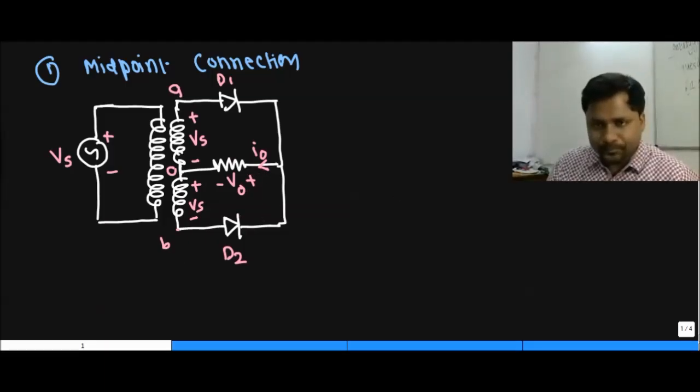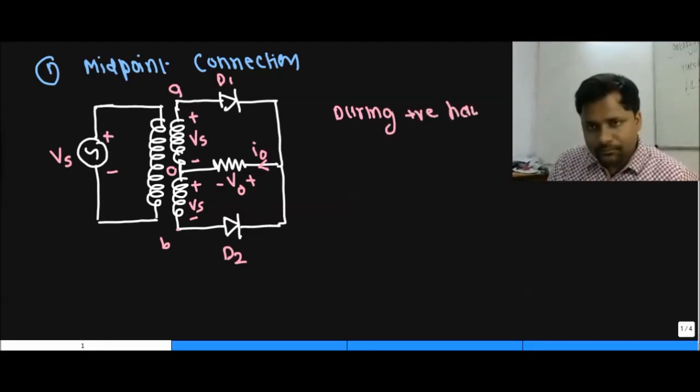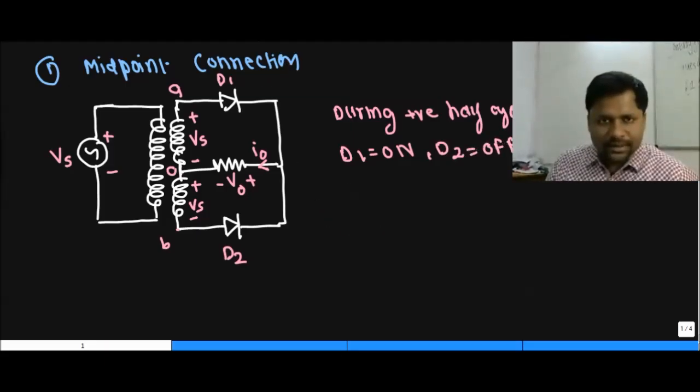So during the positive half cycle, D1 becomes on and D2 becomes off, and the circuit is going to be like this.